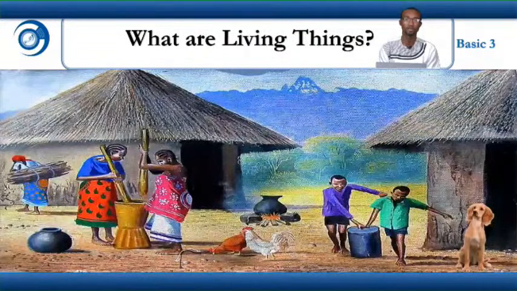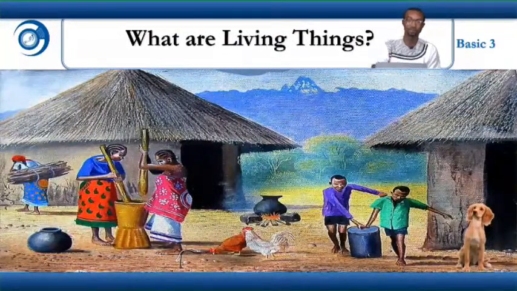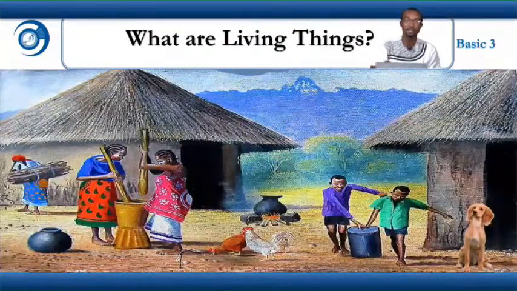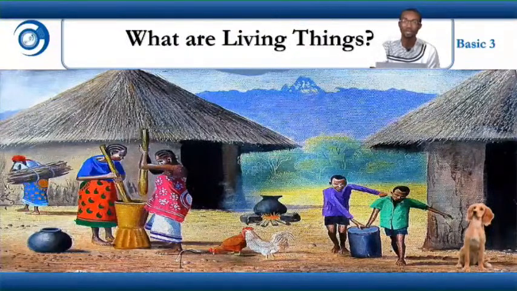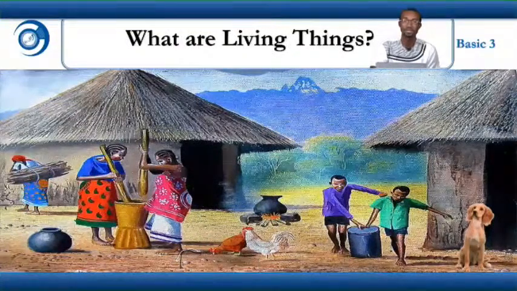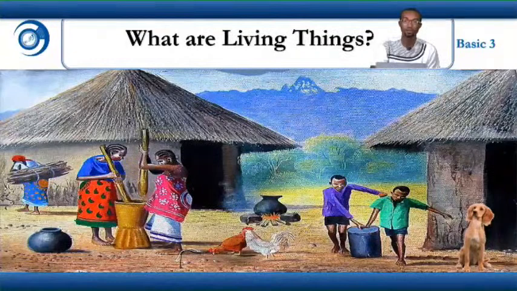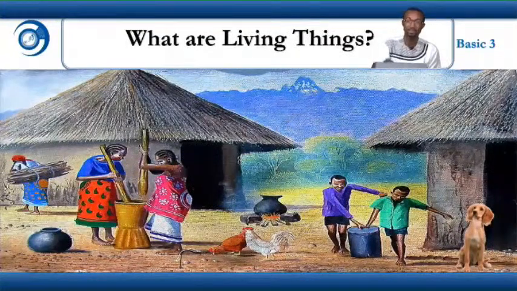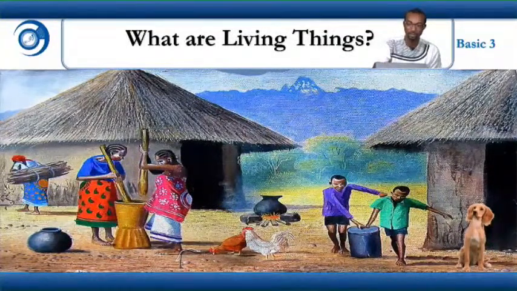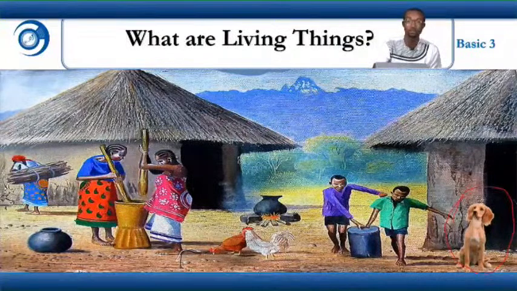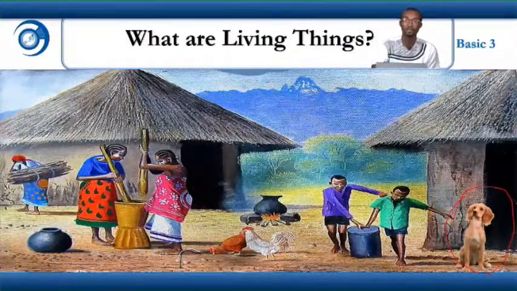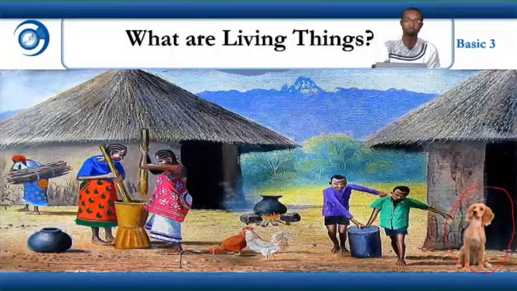So let's go back to this environment and let's try to bring out the living things we see on the screen. So the first one is the dog. The dog is an animal. So the dog here is a living thing. What next?